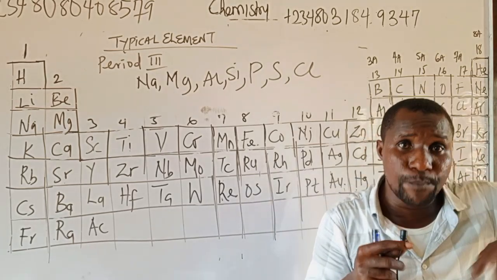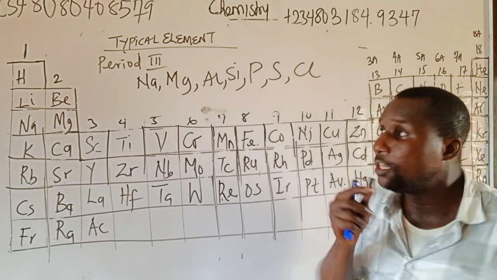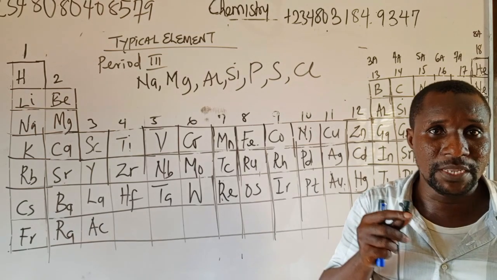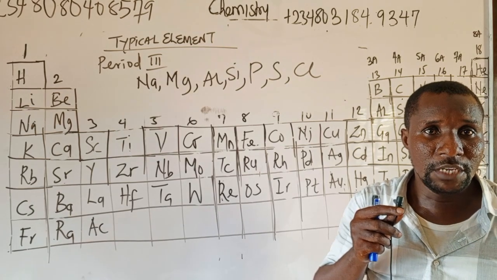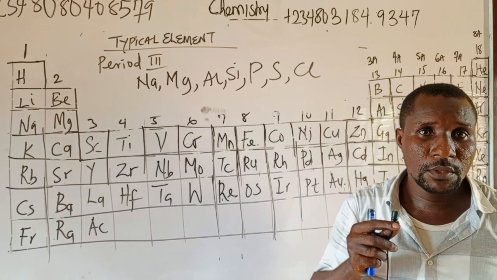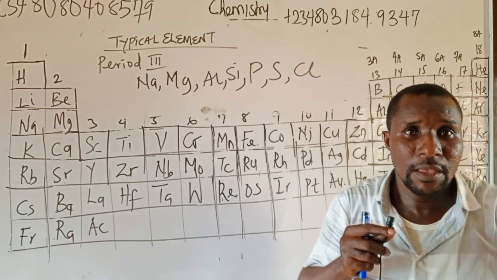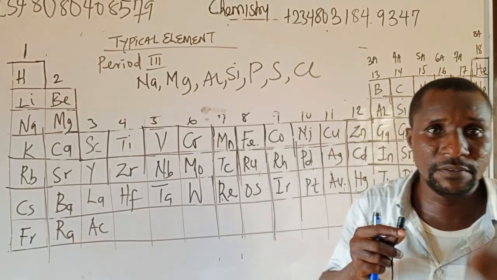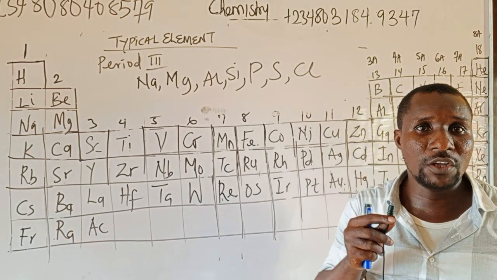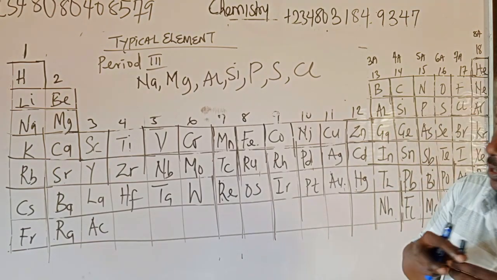They show the real property of their group. What are those properties? Oxidation state, boiling point, melting point, electronegativity, electron affinity, the density. They can be found in period 3 of the periodic table.